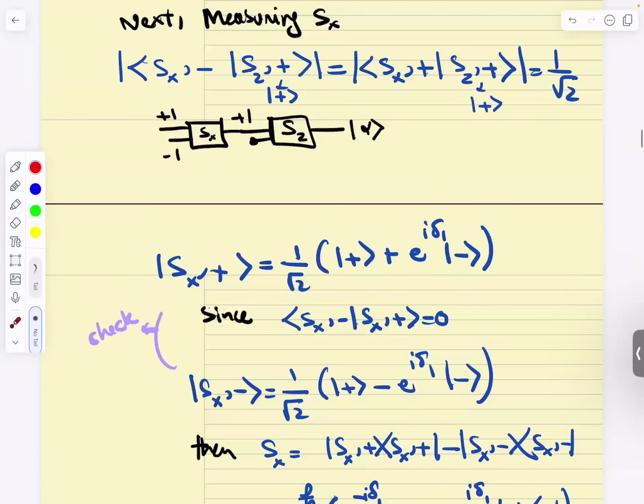So these two equations were the consequences of what we saw in measurement: outcome of Sx being +1, probability half, outcome -1 for Sx, probability half, and the fact that these probabilities are the norm of the components squared. This tells you that Sx plus must take this form and Sx minus should take this form.